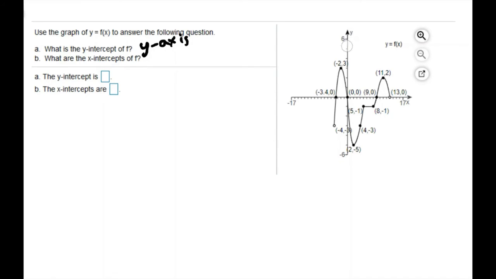Our y-axis is this vertical axis. And I notice that the graph crosses through the y-axis at this location right here. And if we read that location, it's (0, 0). So we have a y-intercept of 0.